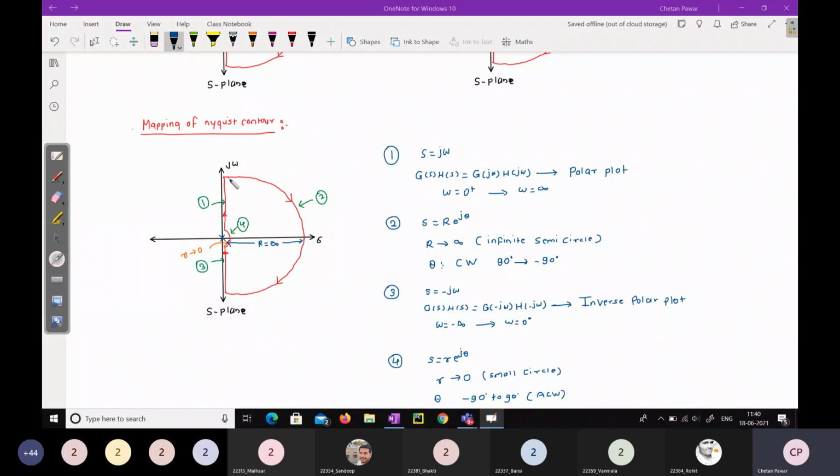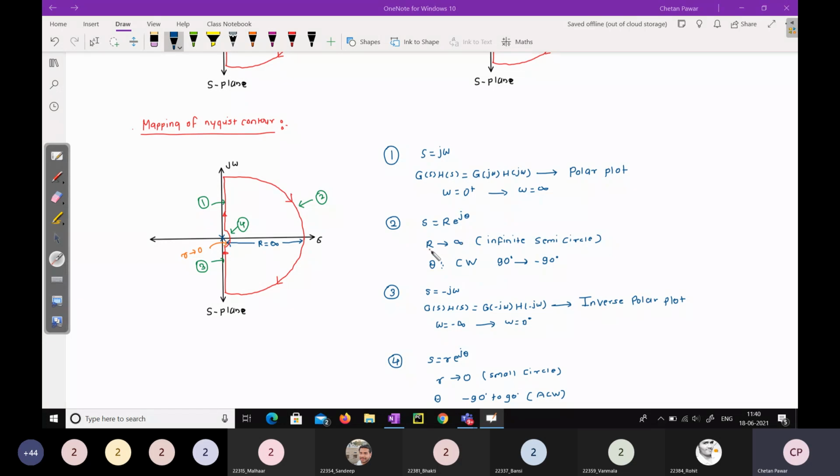Then the second region is this infinite radius semicircle. I can represent it by replacing S with R e raised to j theta, where R is the radius of the circle and theta is the angle.